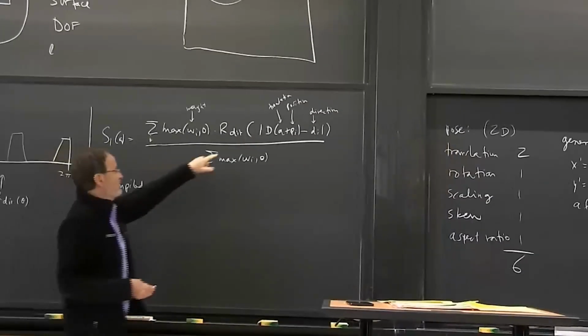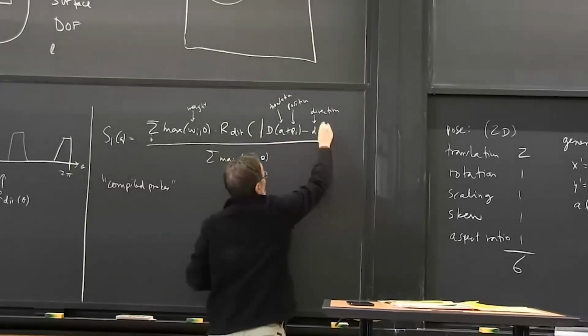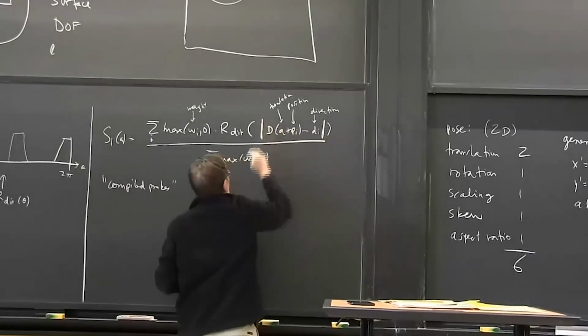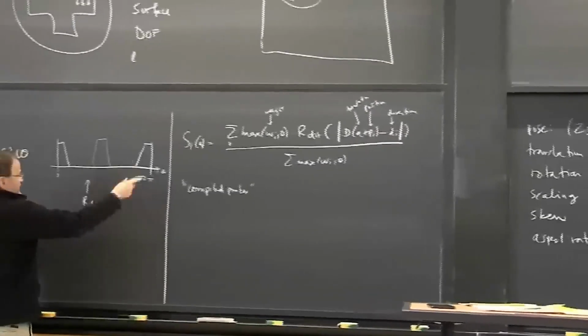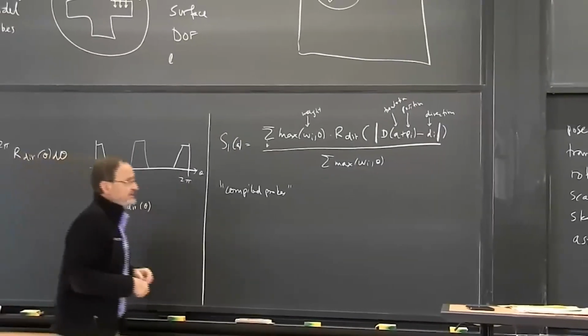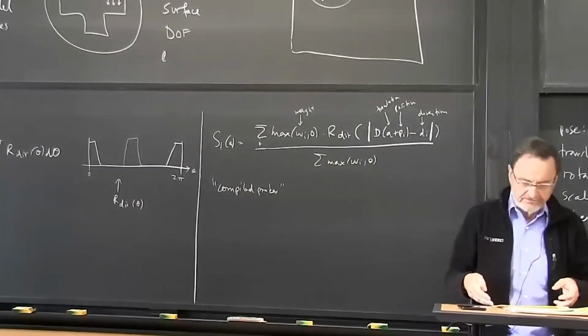Oh, that's a vertical bar, meaning absolute value. Sorry. And in some sense, that's just to take account of the fact that this wraps around, and we could have done that some other way, like mod 360 or something.